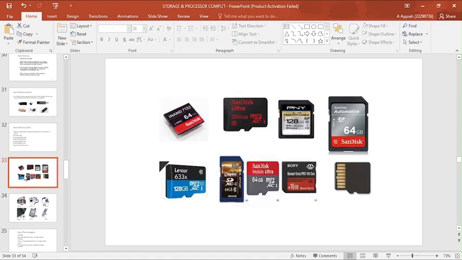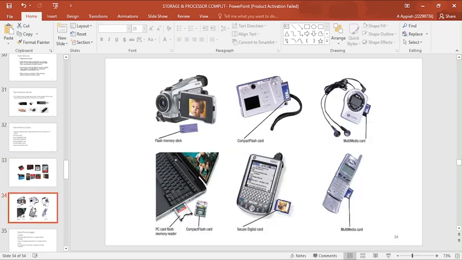We have pictures of them also here. So these are all cards and the devices that can use them.